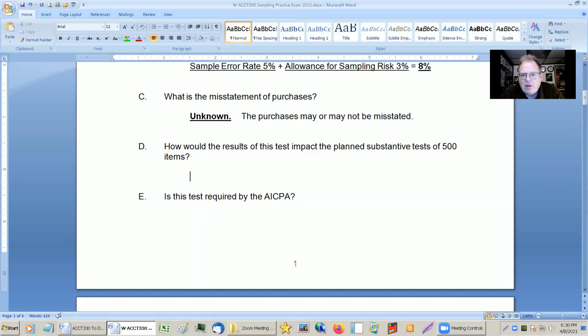So what do you think would happen to the substantive tests of 500 items if we can't rely on the internal controls? What would we probably have to do? These are testing for the dollar amounts.